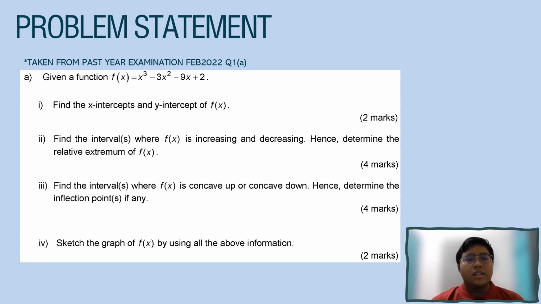The third one is to find the intervals where the f function is concave up or concave down, hence determine the inflection points if there are any. And last but not least, sketch the graph of the f function by using all of the above information.